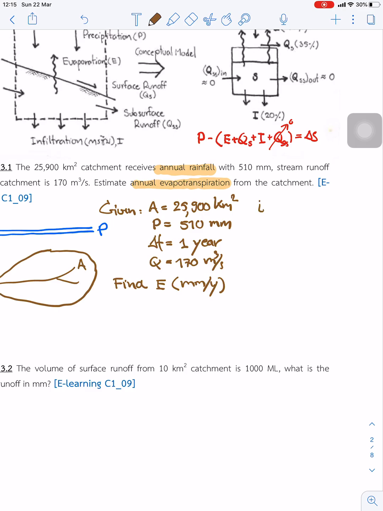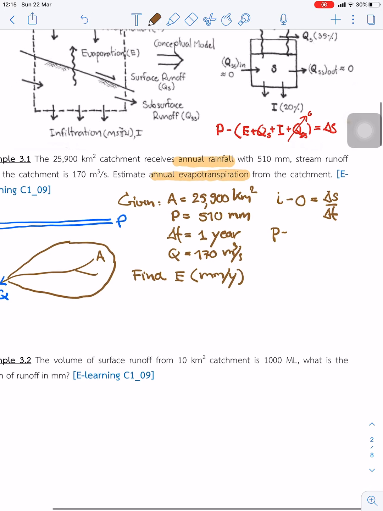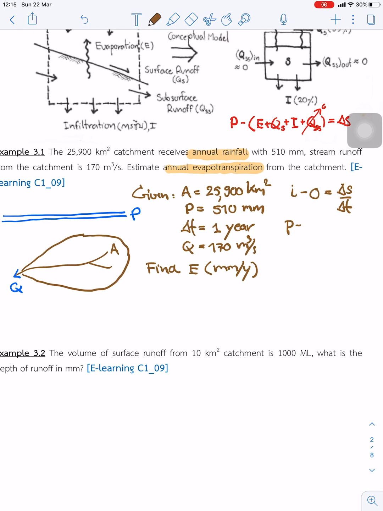continuity equation. For example, inflow rate subtract outflow rate equal to the change of storage with respect to time divided by time. In this case, inflow means the rainfall, and the outflow, in this case, we have the evaporation from the catchment.